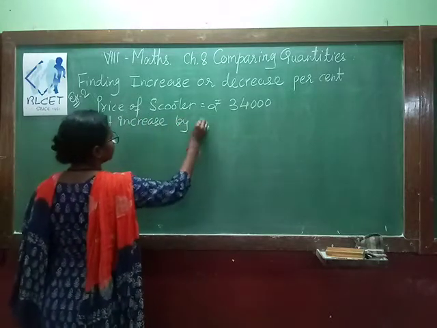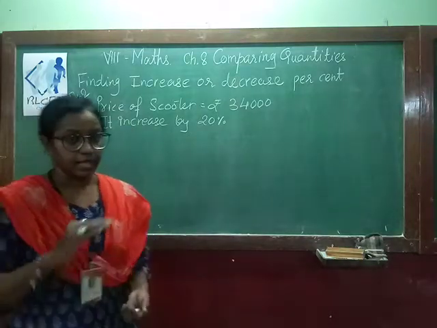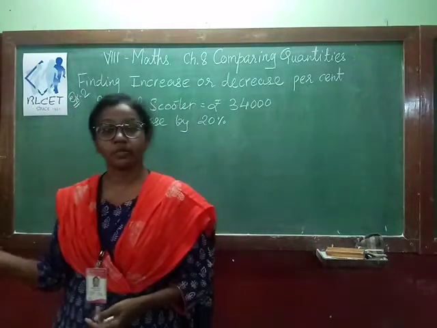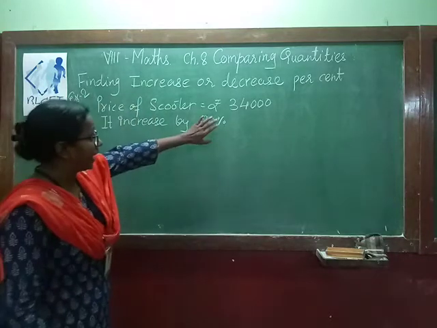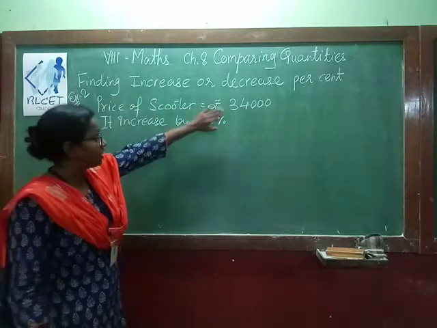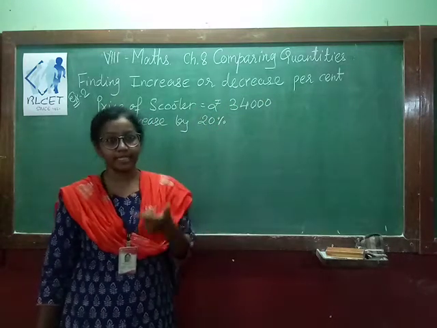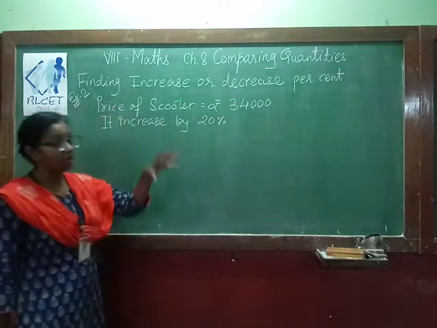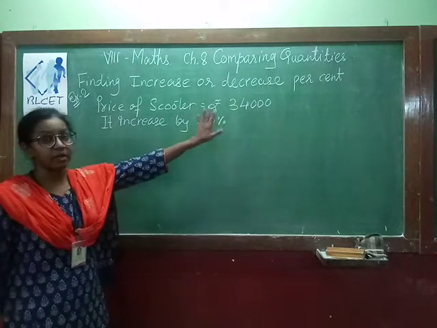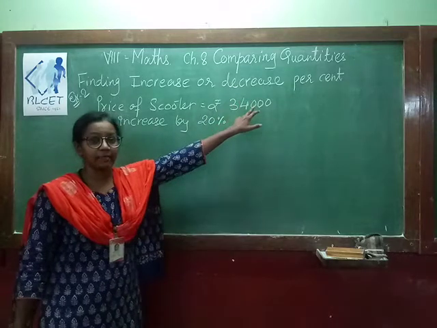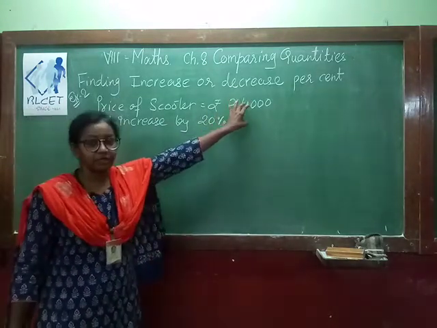We don't know what the price of that particular scooter is after the 20% increase, so that we have to find. This 20% is of what? This 20% is of the 34,000, the price for last year for the same scooter. This year the price is increased by 20%, but that 20% is on the basis of last year's price. So what we have to find is 20% of 34,000.